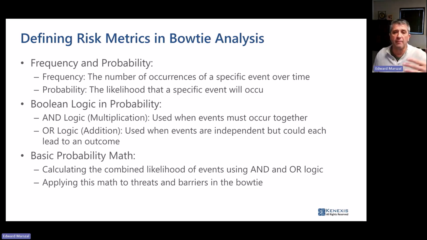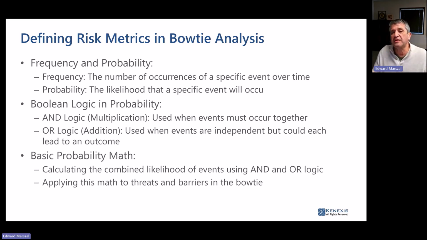So in LOPA analysis, as in bow tie analysis, we're going to pretty much use a simplifying assumption that we call the rare event approximation. So if events are rare, the probabilities are small, let's say less than 0.1, then the effect of the simultaneous events becomes small.